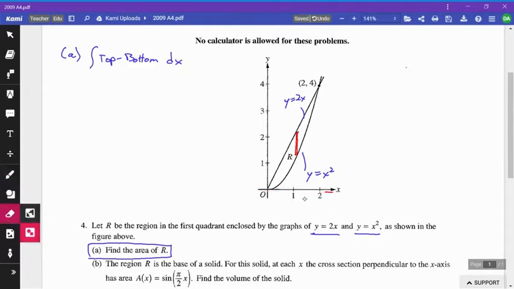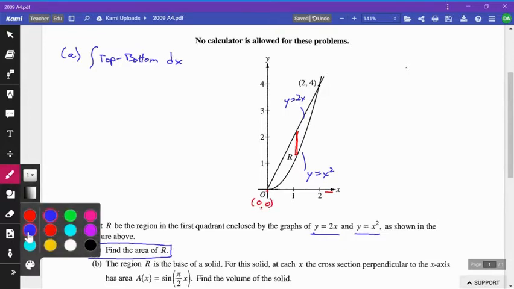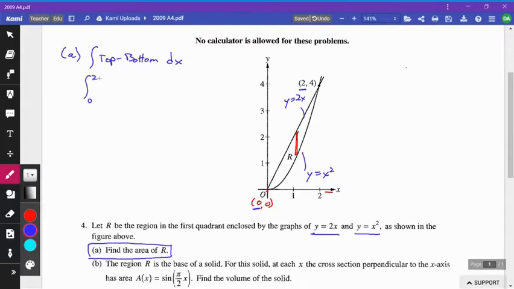So if I think about my bounds, they are going to be from 0, which is an x value, to 2. So this integral is going to be 0 to 2 of 2x minus x squared dx.